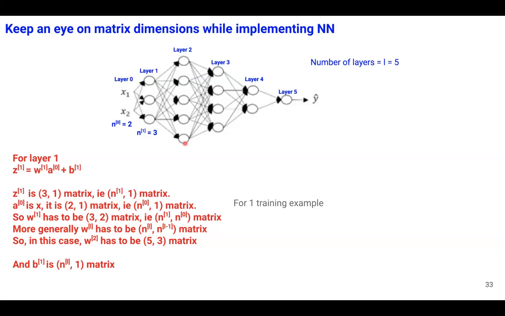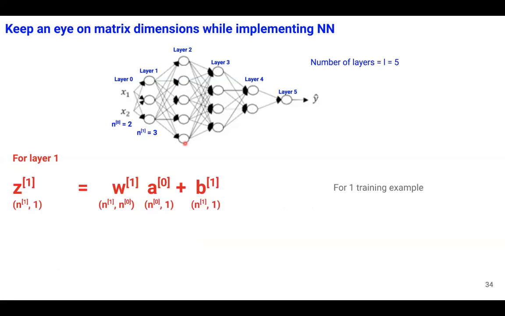Okay, so now moving on. In this complex looking neural network, you have many layers. Let's say for layer 1, you compute Z1, and the dimensions are written here. If you are writing from scratch, you can check if this is exactly what you are getting or not.